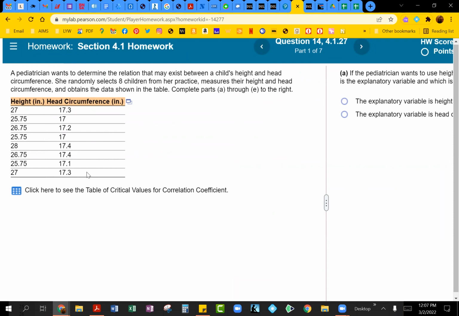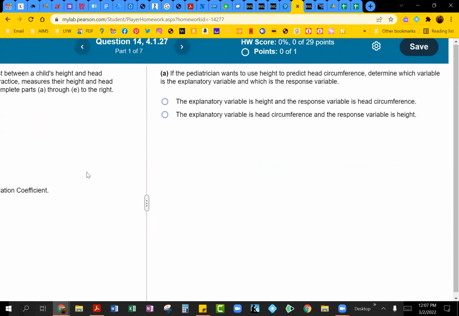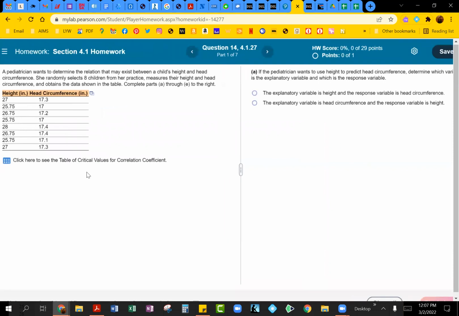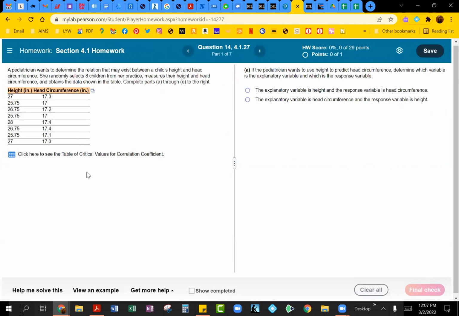And then they're asking us to see, okay, what conclusions can we draw from that? So if the pediatrician wants to use height to predict the head circumference, determine which is the explanatory variable and which one is the response variable. So in this case, she wants to use the height to predict the head circumference.